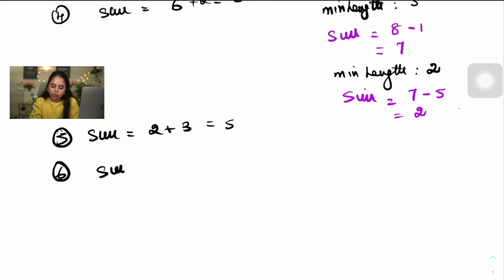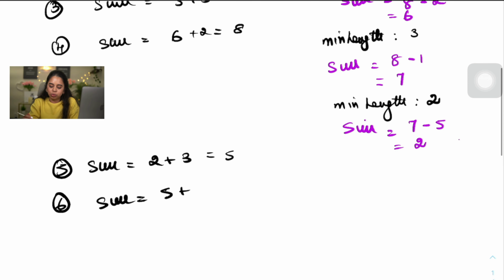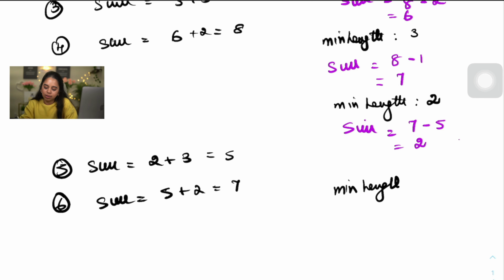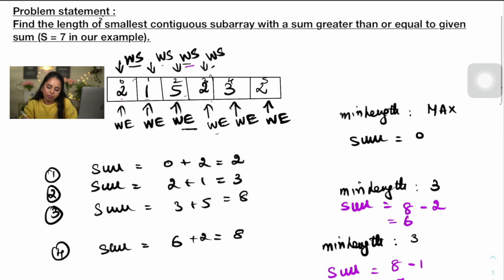So sum is going to be 5 plus the value of window end, which is 2. It is 7. Now the sum is equal to 7, which is our target condition. So it's time to update our minimum length, and minimum length is going to be the number of elements in this subarray, which is from window start to window end.